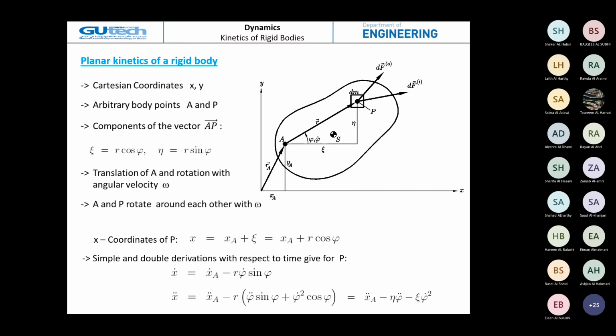the position of P with respect to this coordinate system x, y, we have the position of P relative to the point O: x_a plus x_c, then x_a plus r cosine phi.